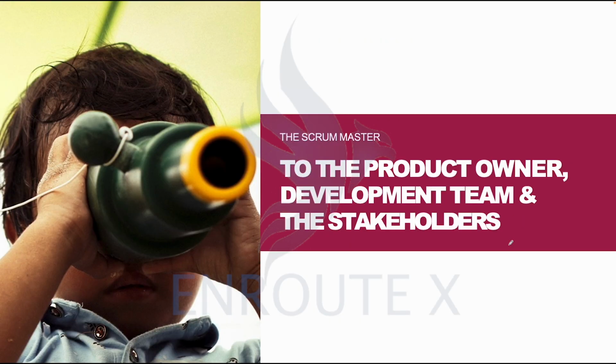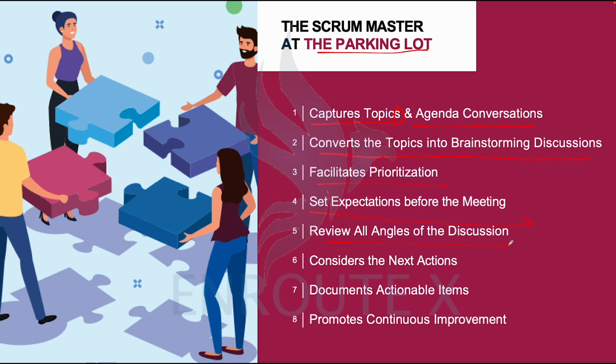From there, all the actions, conversations and angles will be considered. The actions are itemized, and the next steps are put in progress, all in a bid to resolve the issue of concern and bring an improvement to the team. So the Scrum Master is pulling everybody together.